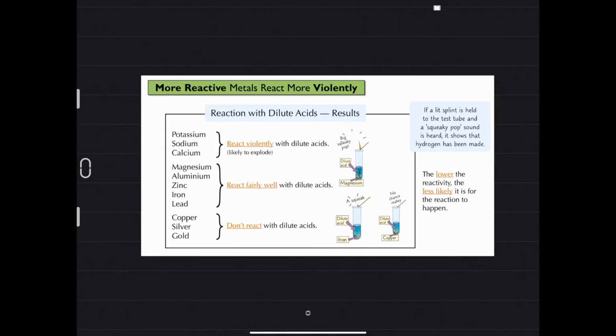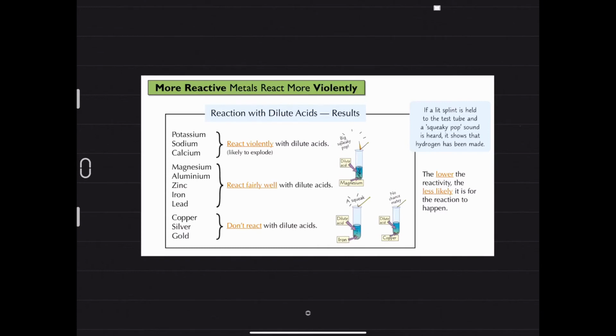Now, what I want you to do is put down on your piece of paper or in your notes the groupings of the metals that react violently with dilute acids.